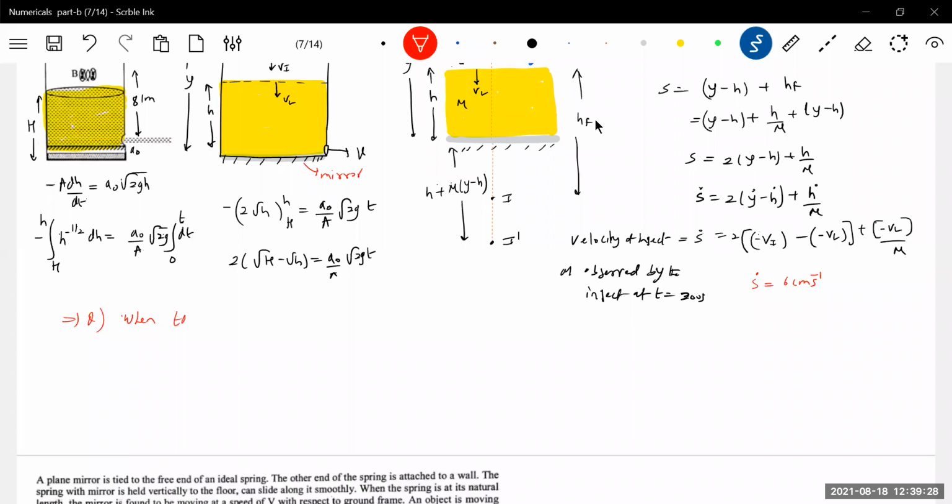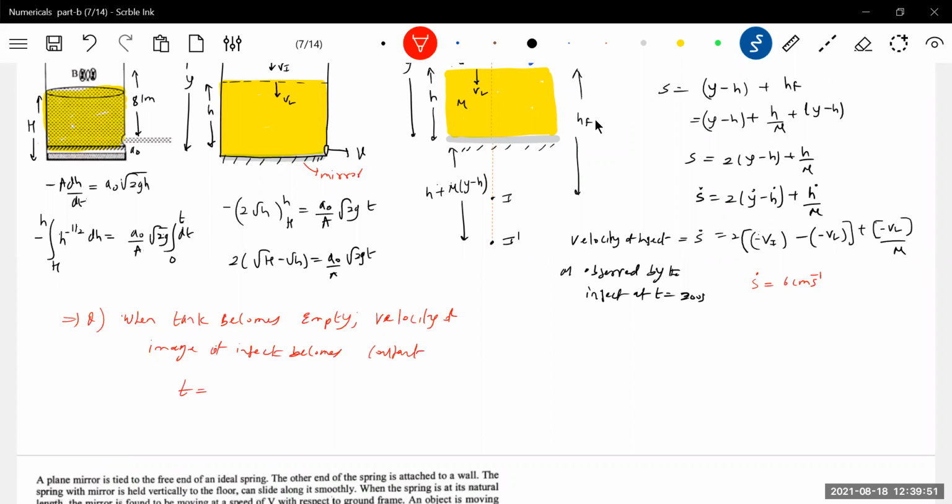When the tank becomes empty, the velocity of the image of the insect becomes constant. So what is that time?